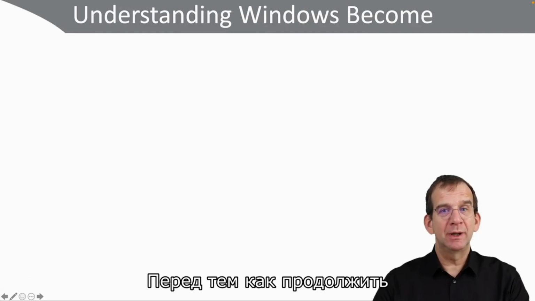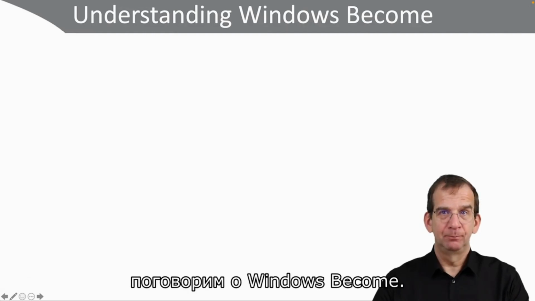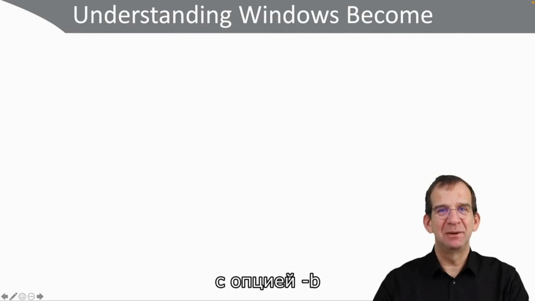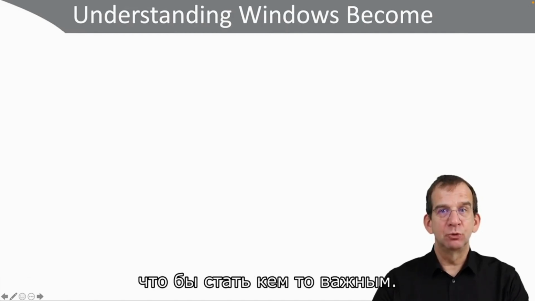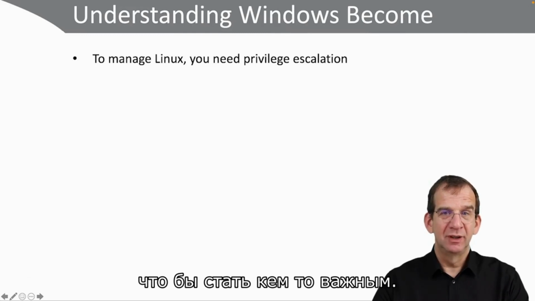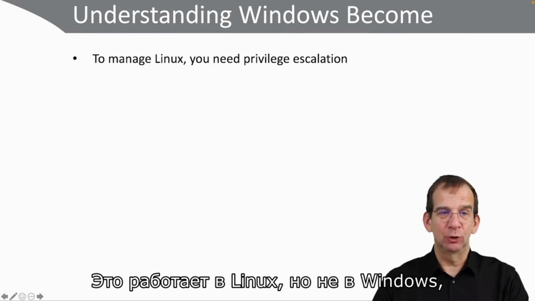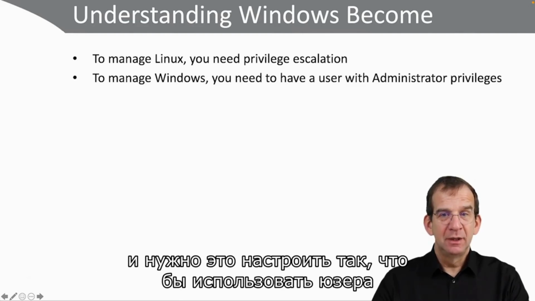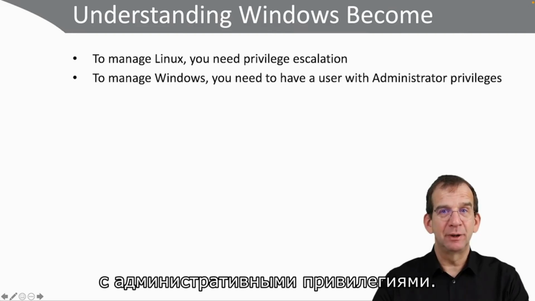Now, before we continue, let's talk about Windows become. In Ansible, normally you have privilege escalation, and the -b option to become somebody else is pretty important. That is how it works in Linux. But in Windows, the way we have set it up is where we are using a user with administrator privileges.